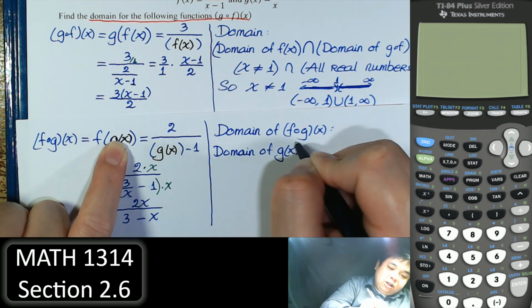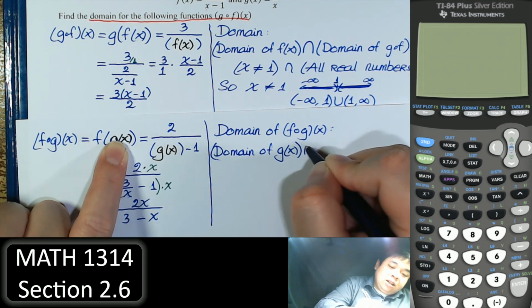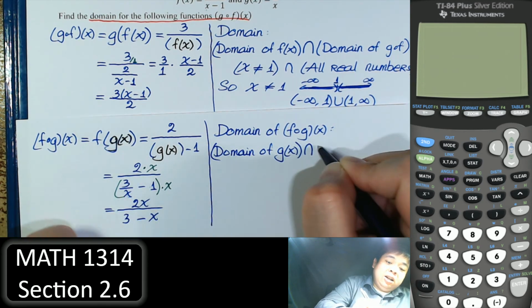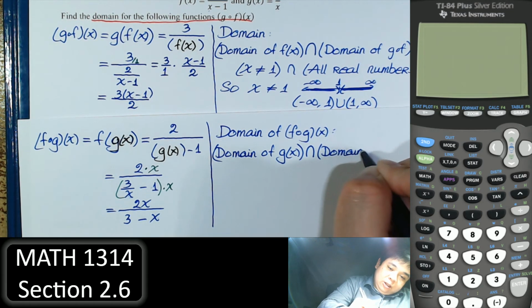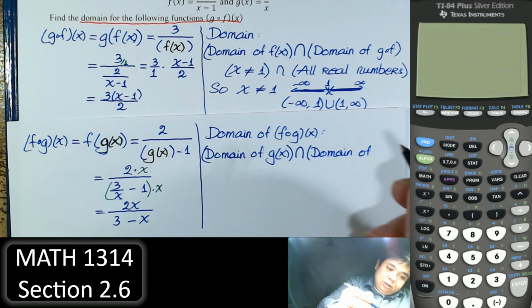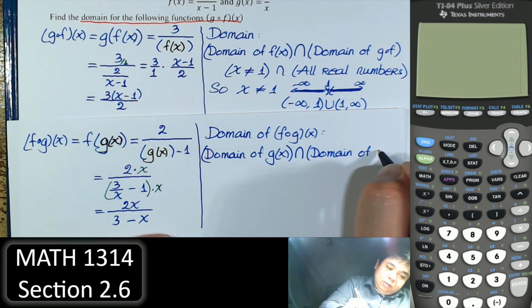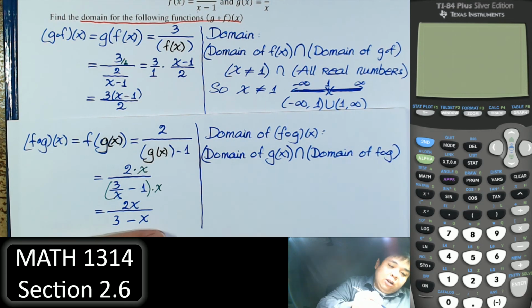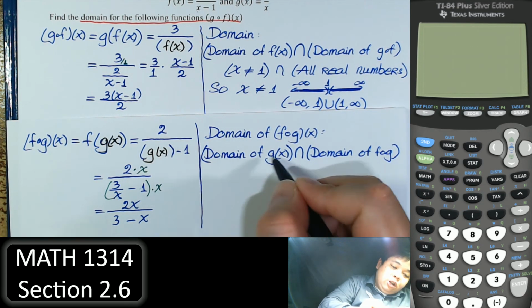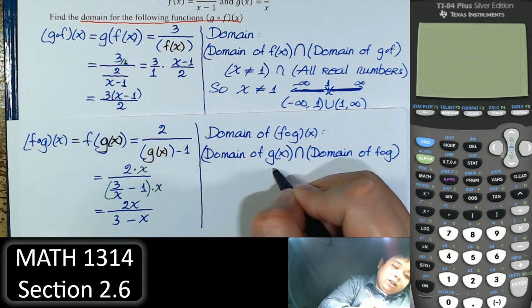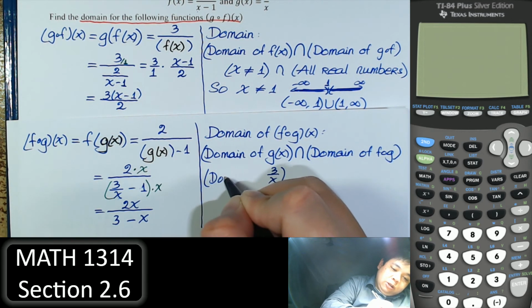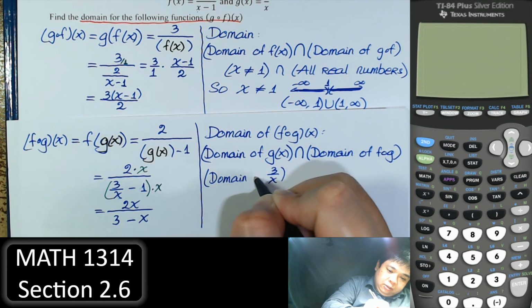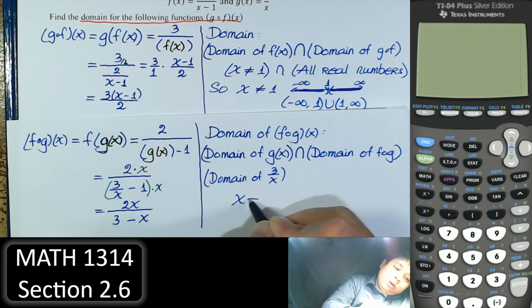It's the inner function, and I'm using the intersection for and. Then the domain of the whole thing, which is f of g. Domain of g of x: g of x is 3 over x, which is x not equal to 0.